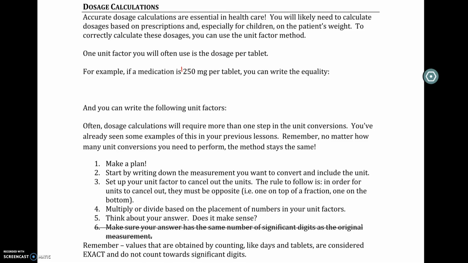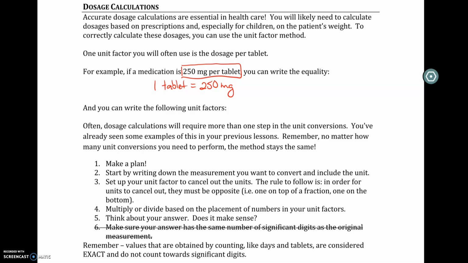The first thing is that we have to realize that when we're told how much medication is in a particular form of a medication, that is our conversion factor. So if I know there's 250 milligrams of medication in a tablet, that tells me one tablet is equivalent to 250 milligrams of medication. Based on that equivalency, I could set up two different unit factors.